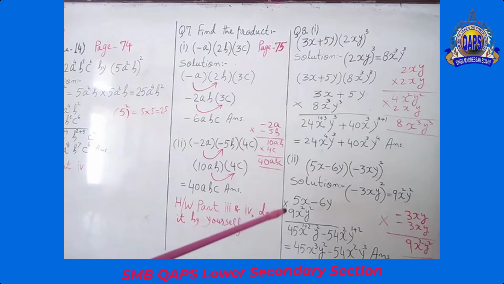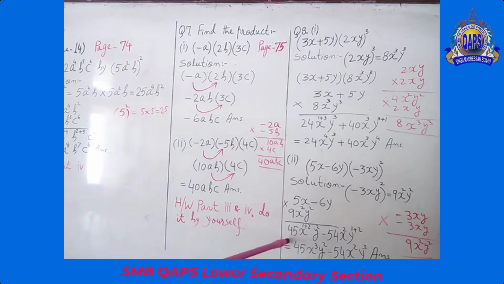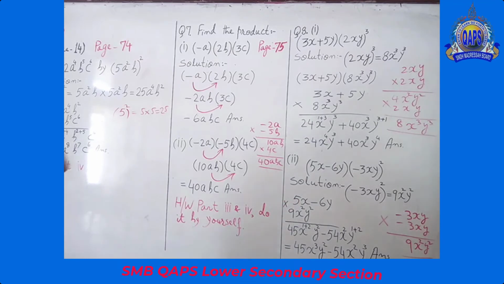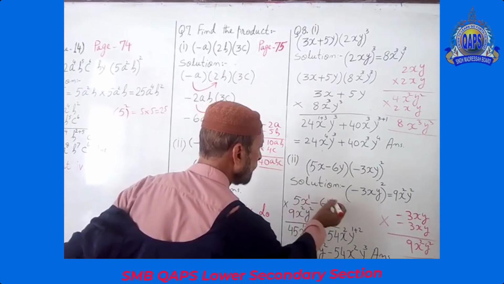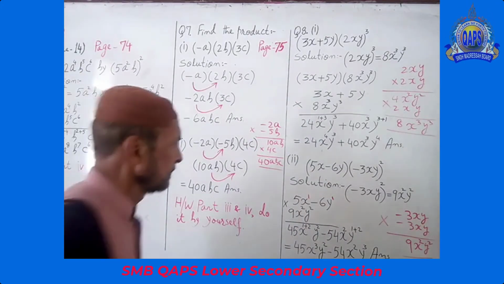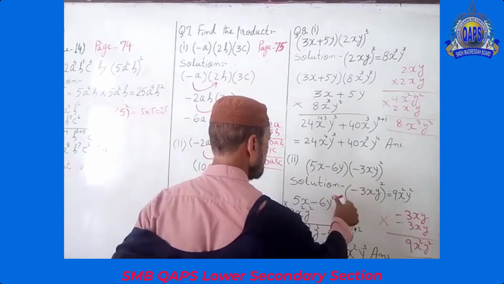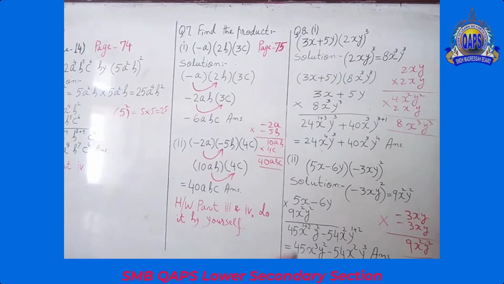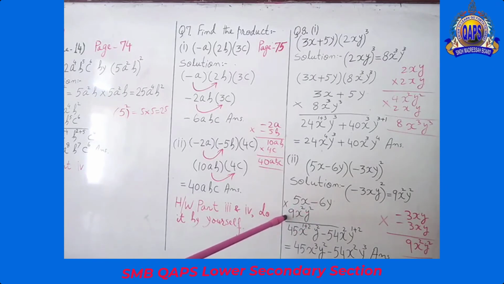Have a look. 9 5s are 45, x power 1 plus 2. This is power 1, but as I told you, we do not write power 1. So, it is understood. X power 1 plus 2, y power 2, minus, because this is plus.